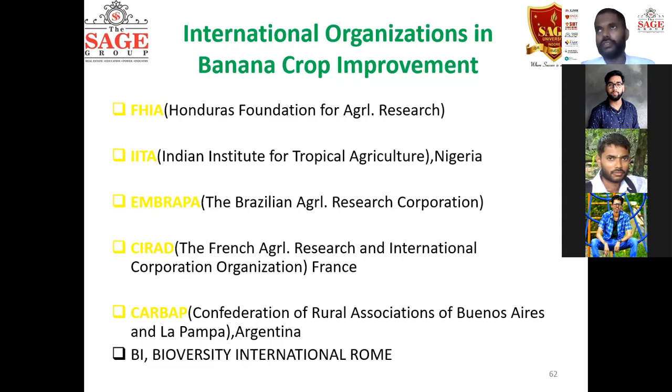If you go to the world, whichever trend is in dominance in North India as well as Western India, the same trend is followed in world banana cultivation. So in world banana cultivation also nowadays this Grand Nain banana, which belongs to the Cavendish group, is the dominant variety for area as well as production.